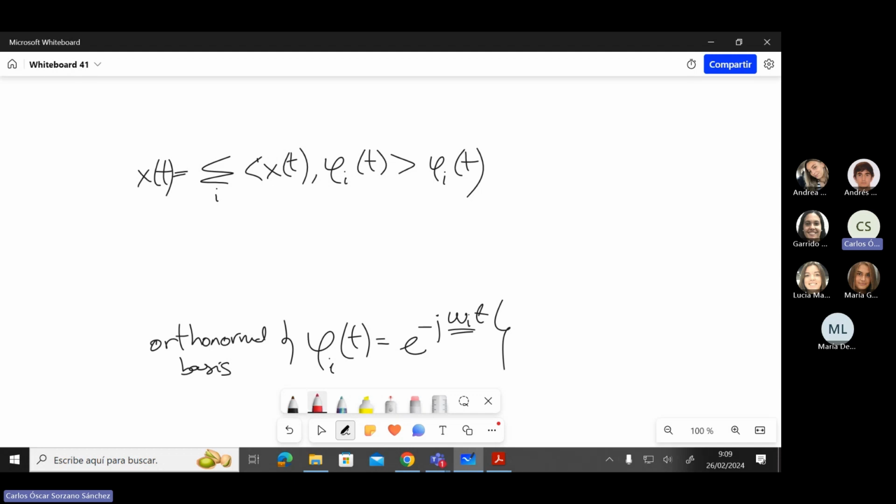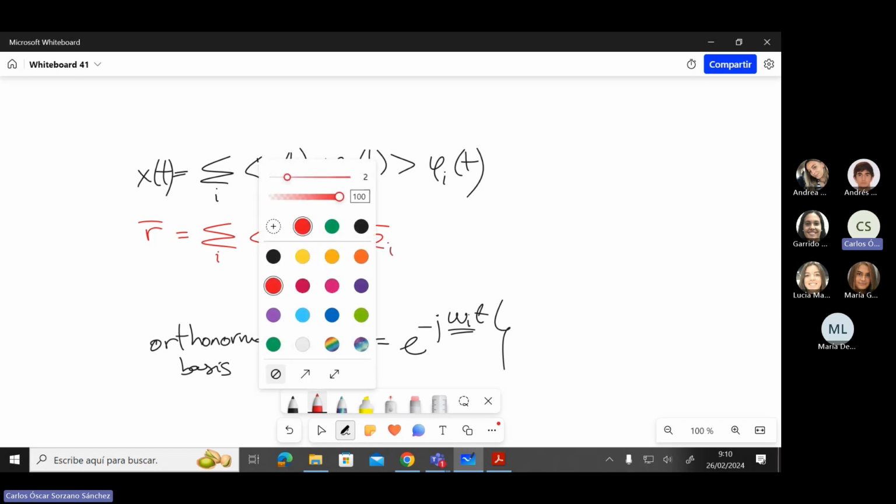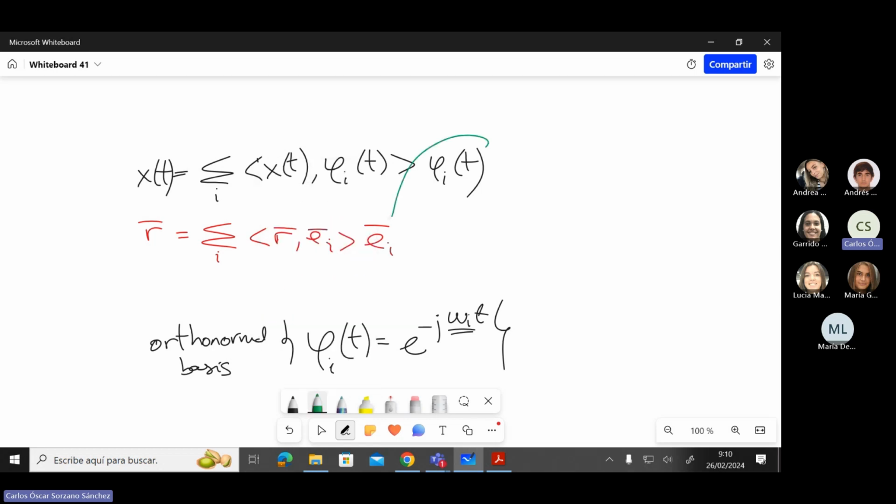So let's rewrite the one with vectors. For a vector, it was the sum of the length of that vector projected on the unit basis times the unit basis. That's the same structure. So this thing is this, and then you have this part, and then you are summing over all the elements in your basis.